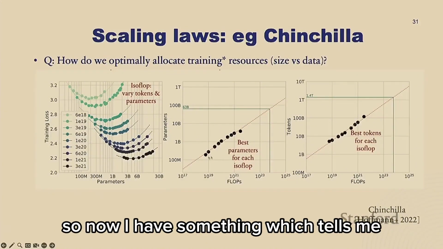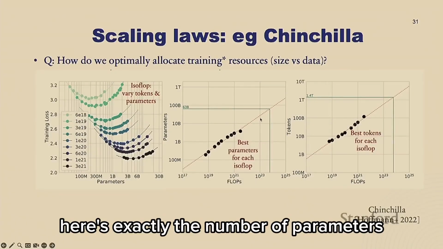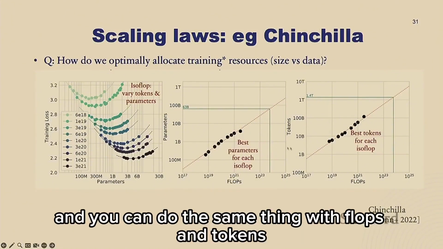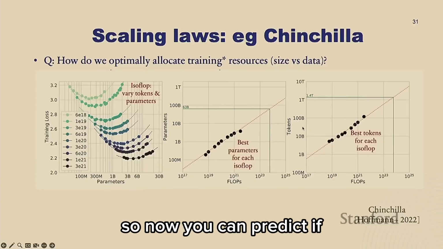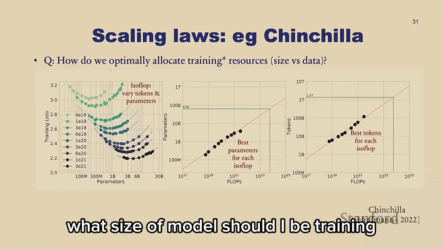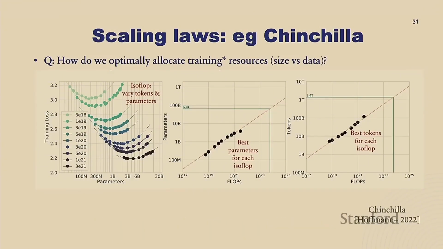So now I have something which tells me if I want to train a model of 10 to the power 23 flops, here's exactly the number of parameters that I should be using, 100B. And you can do the same thing with flops and tokens. So now you can predict, if I tell you I have 1 month of compute, what size of model should I be training? Fit your scaling law, and I tell you.